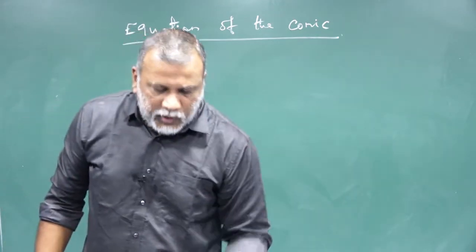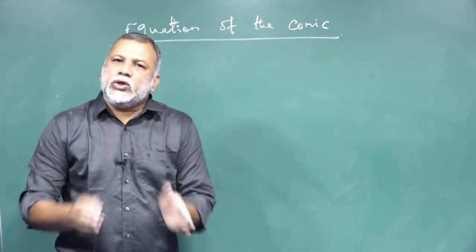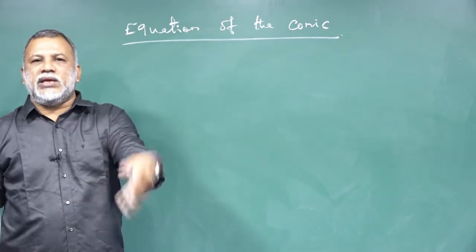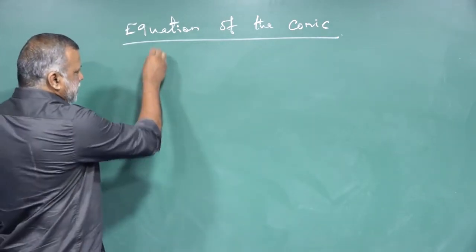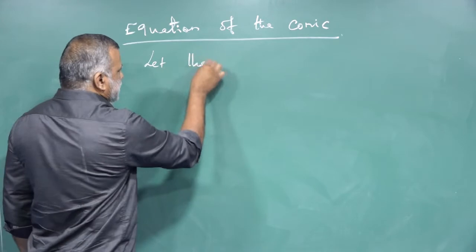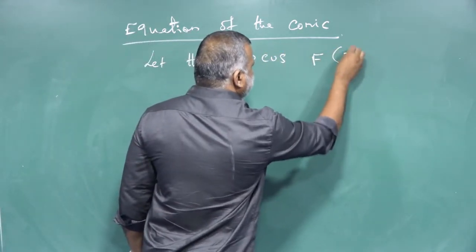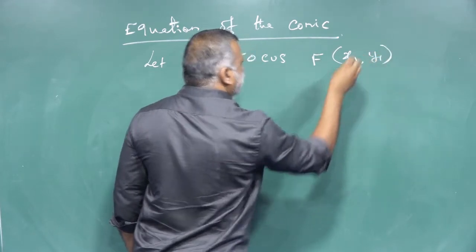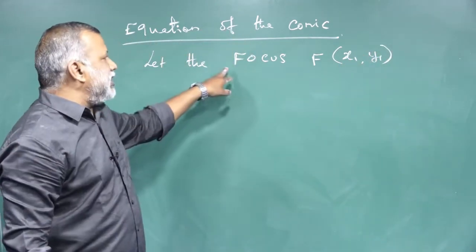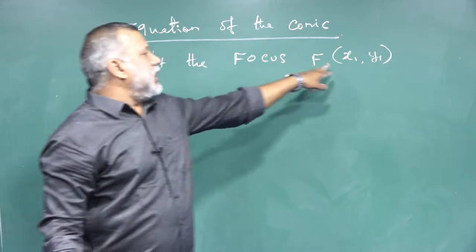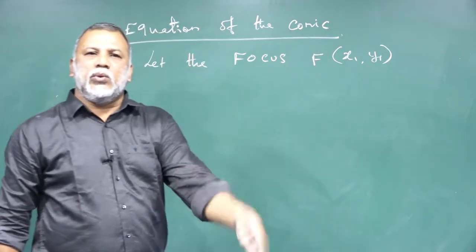If we want to find the equation, we are going to give the representation of the focus. Let the focus F be, say, (x1, y1), because it is a fixed point. The fixed point is technically called the focus. So give the name F of (x1, y1).